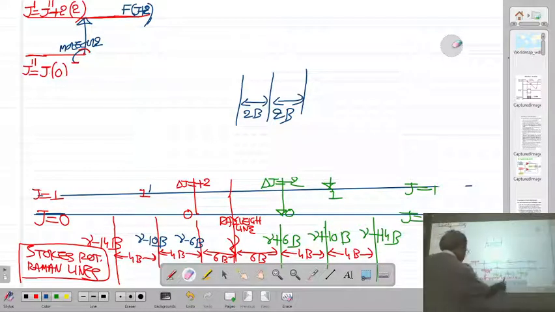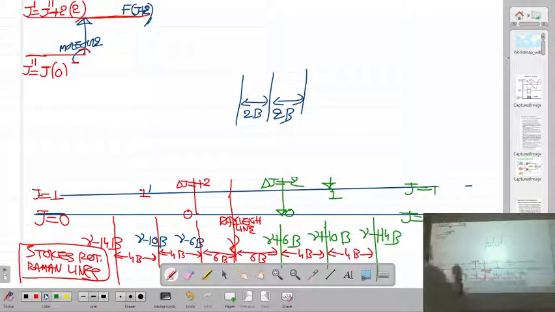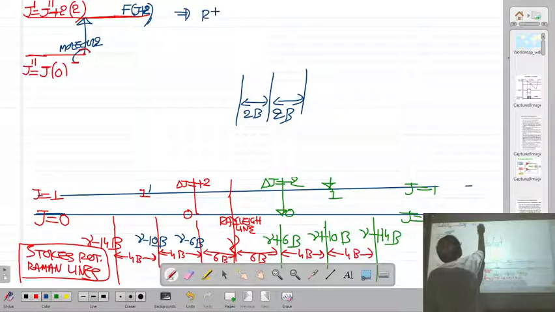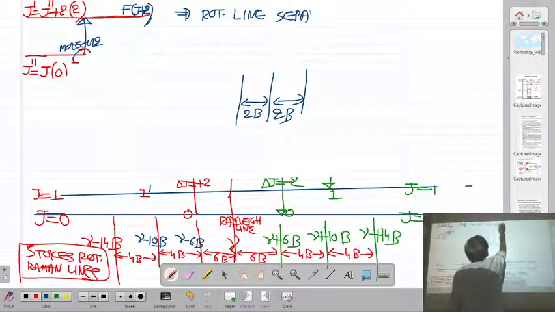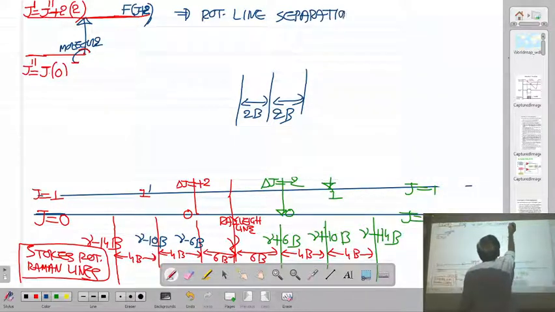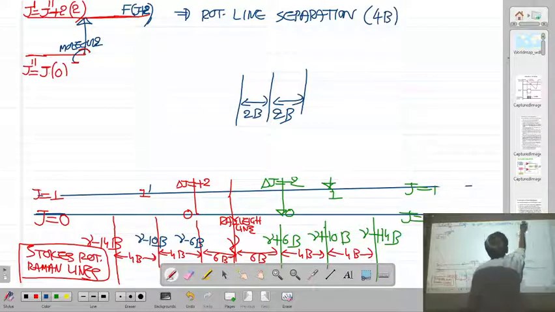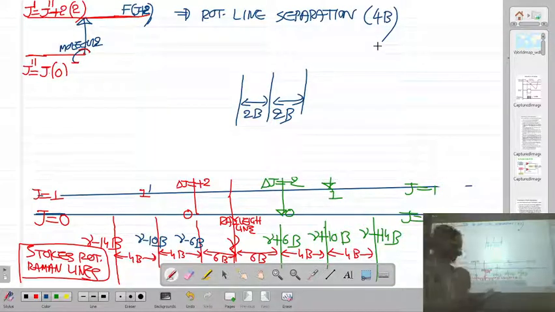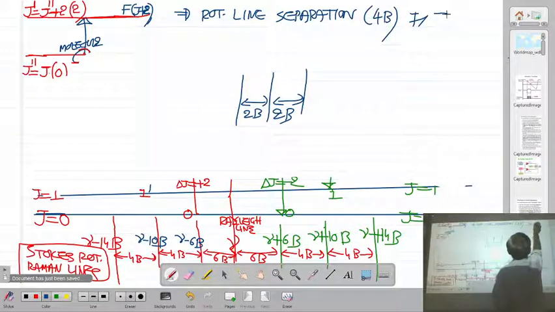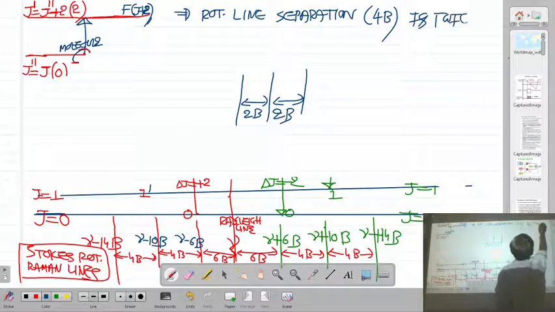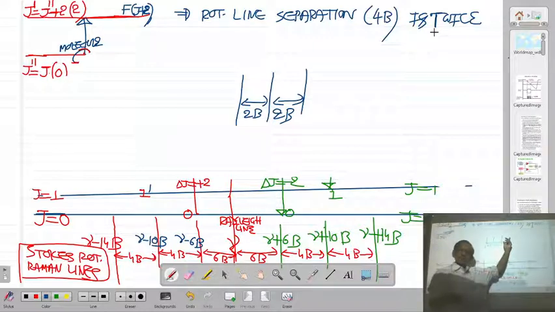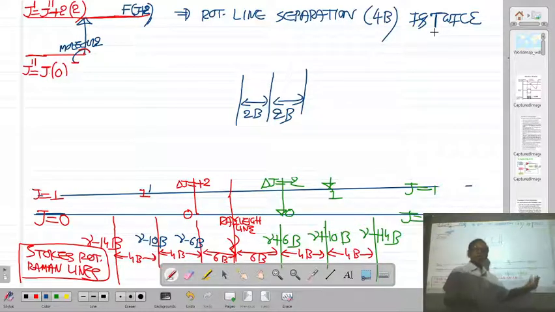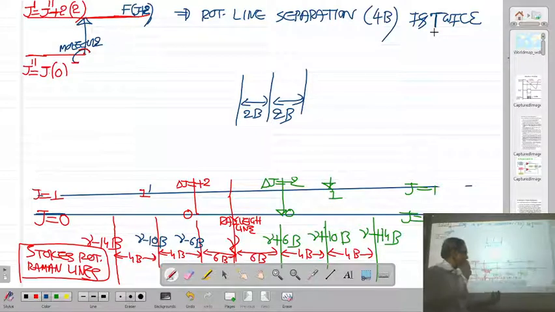In the case of pure rotational spectra the line separation was 2b, but in rotational Raman spectra the separation between rotational lines is not 2b, it is double, 4b.